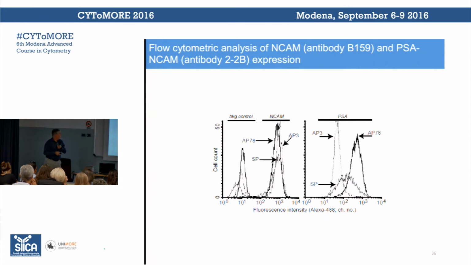Very simple flow assay where we're looking at the polysialylation of NCAM here. Better to look on this side, the polysialylation, where we're looking at the fully adherent form, the partially adherent form, and the non-adherent form. Okay? So here we see clearly that there's a reduction in the amount of polysialylation for the early adherent form, but a large expression later on.